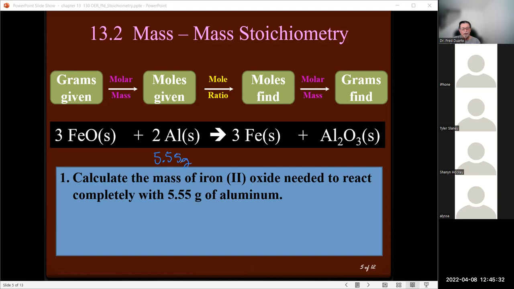And then we want to know about the iron 2 oxide. So we're only concerned with the two reactants. We want to know how many grams of iron 2 oxide are needed to react completely with 5.55 grams. That's the first question.